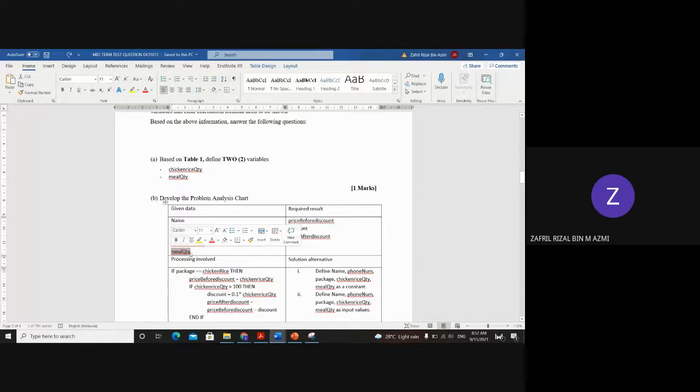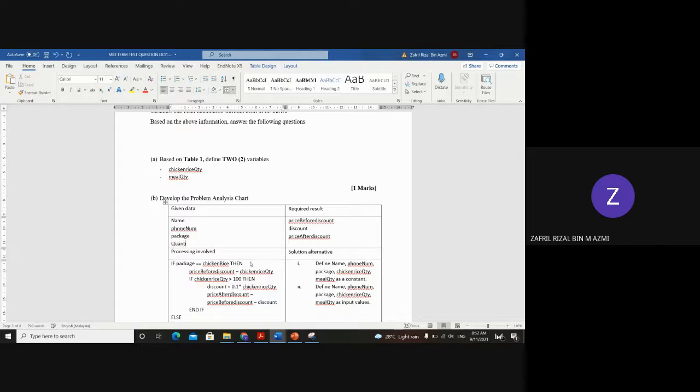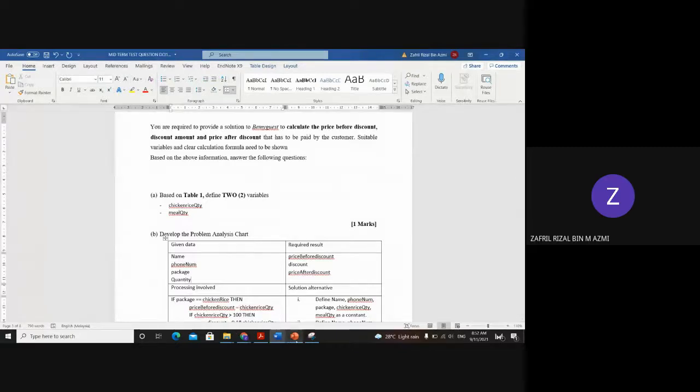But if you put it like this, it is compulsory for the user to enter both the pre-packed meal quantity and the chicken rice quantity. No, right? Do you understand, class? So the input should be a general quantity. It doesn't matter whether the user chooses chicken rice or pre-packed meal, they still need to enter the quantity based on the package.